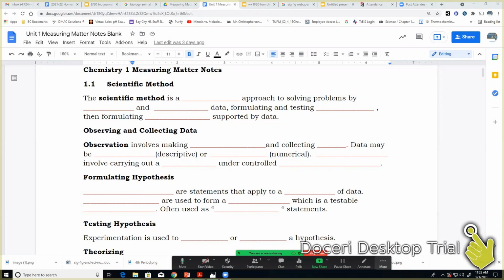All right, so the scientific method is a logical approach to solving problems by observing and collecting data, and that's usually done during experimentation, and then formulating and testing hypotheses, and then if the hypothesis is supported, you can go to the next step, which would be formulating theories.